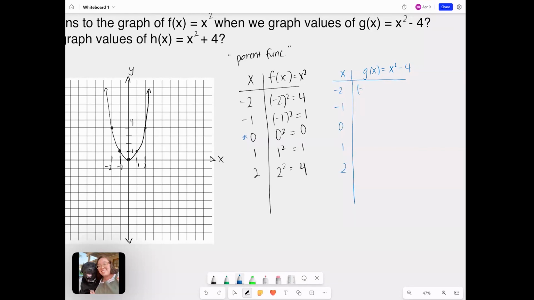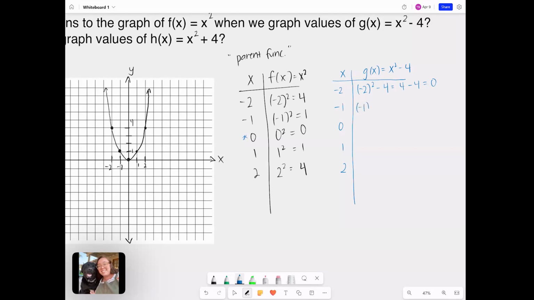So we've got -2 squared minus 4. Well, that's 4 minus 4, which is 0. Well, that's different. Okay, so now let's see what else we get.